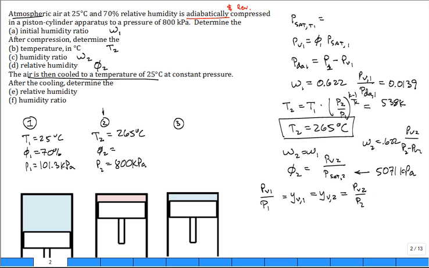The total pressure was now 800. It started at 101. The PV we already calculated right here at 1, so you can get PV2 that way too. Will you get the same answer? You better. Does it look like they're going to get the same answer? No, it looks like it's a completely different route.